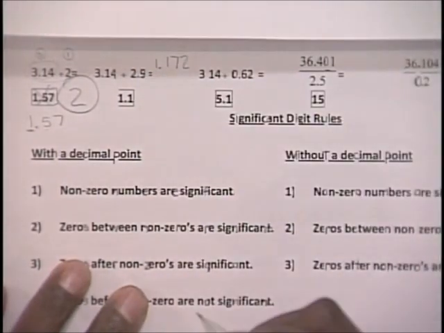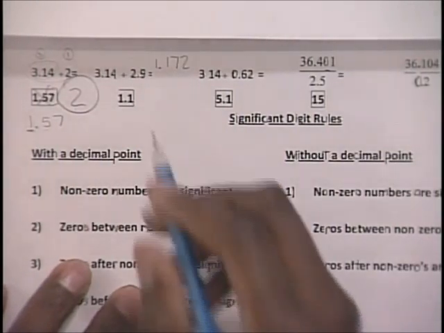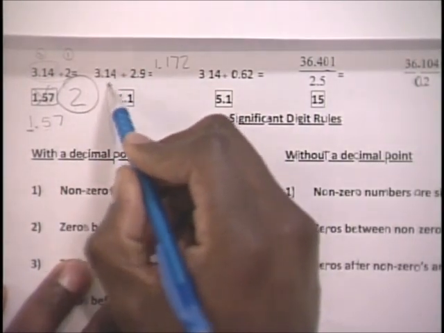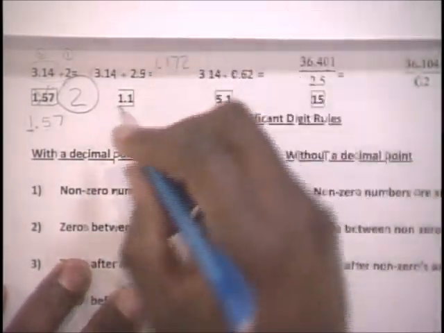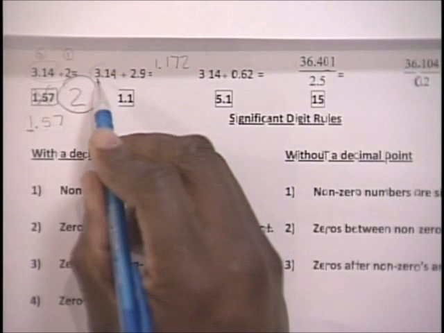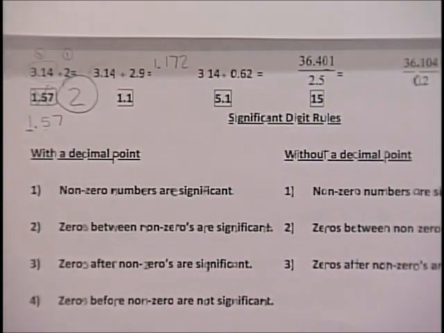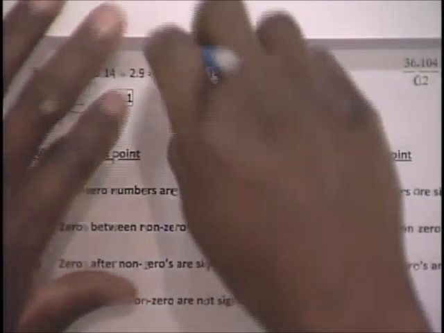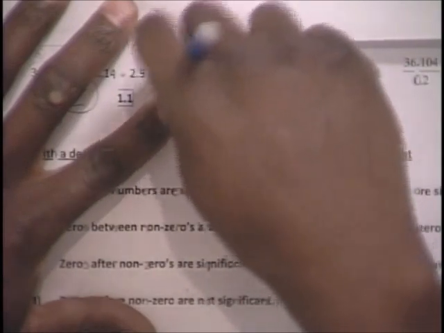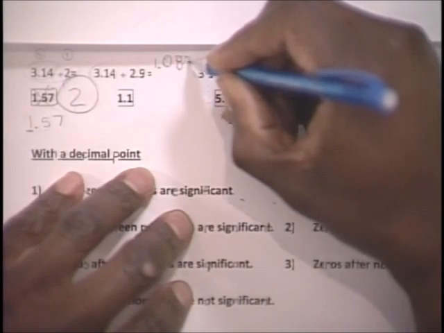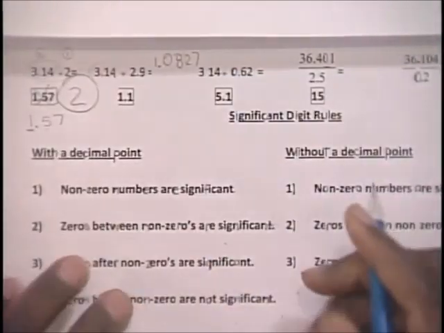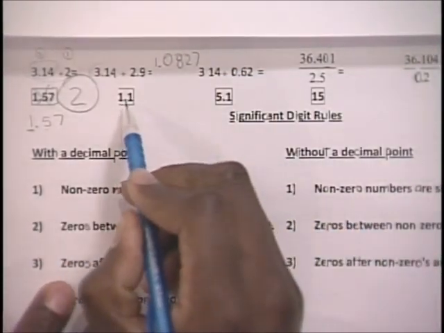Oh, I'm sorry, let me try that one more time. 3.14 divided by 2.9 is 1.0827. It's a rather lengthy number.